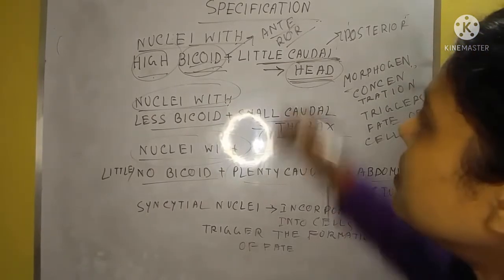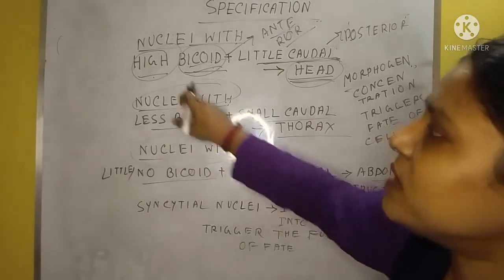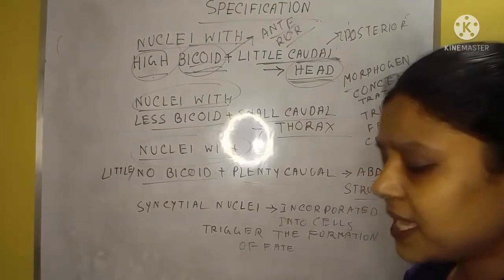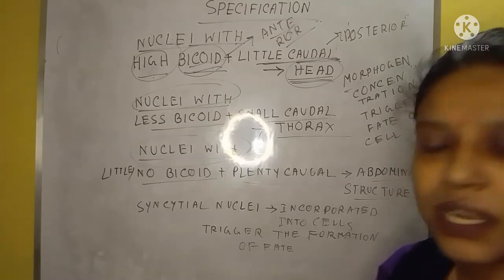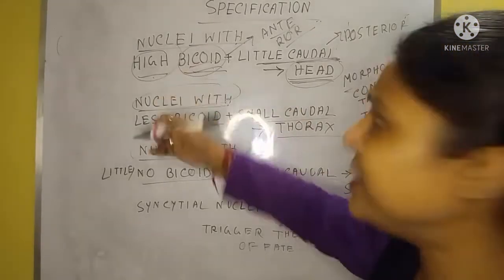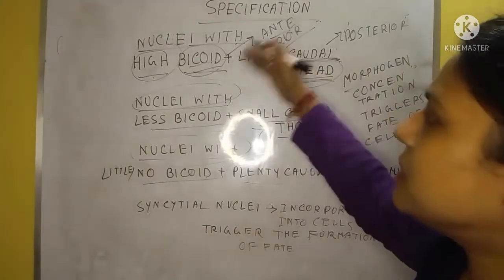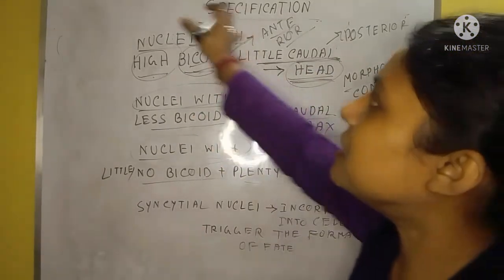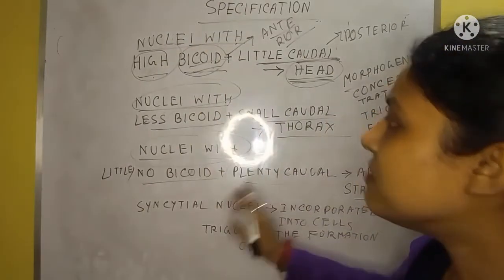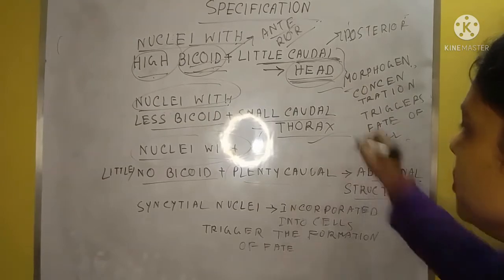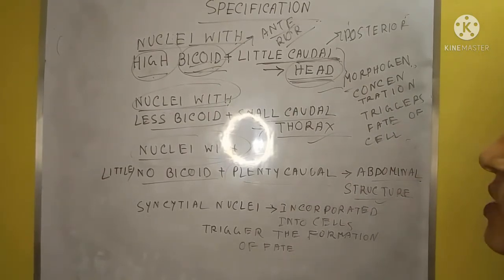So these are the actual functions of the nuclei. The nuclei-containing cells are very important because the nuclei release these substances, and different parts of the cells containing different nuclei are involved in the formation of the head, thorax and abdominal structure.